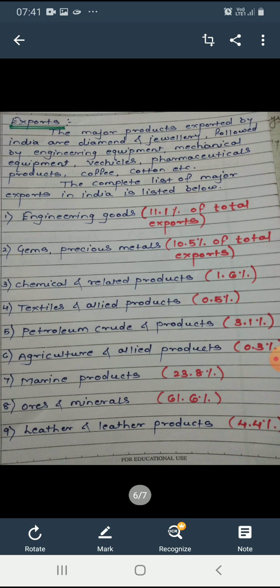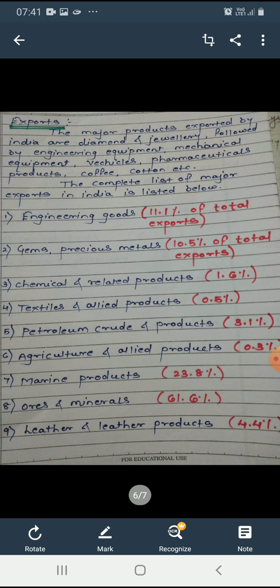See the first export product, engineering goods, 11.1% of total exports. Second, gems and precious metals, 10.5% of total exports. Next, chemical and related products, 1.6% of total exports.